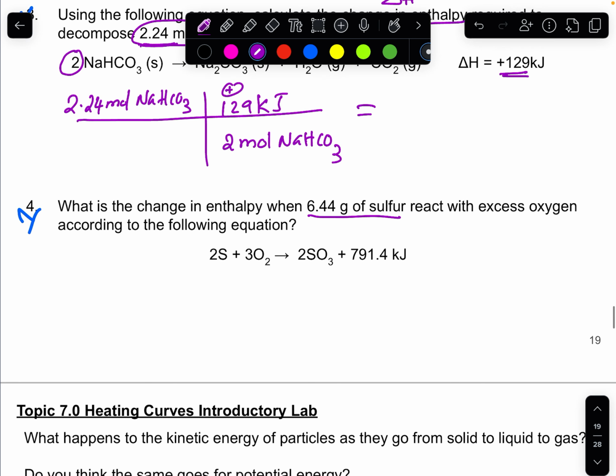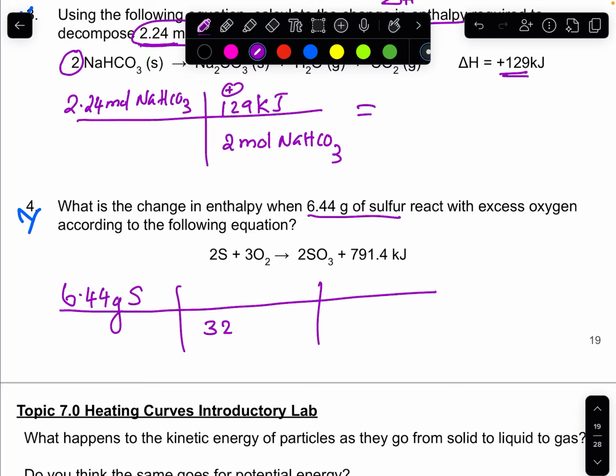Then the second one is starting from grams, so we need one more conversion. You will start with 6.44 gram of sulfur. The molar mass of sulfur is 32.07 gram of sulfur is 1 mole of sulfur. And make sure the equation is balanced.